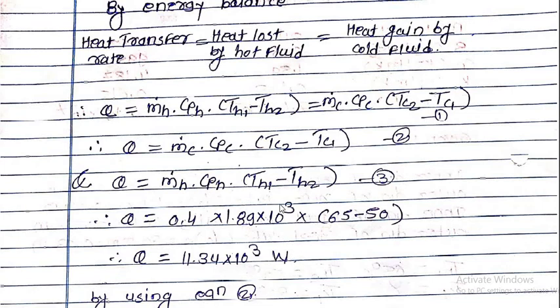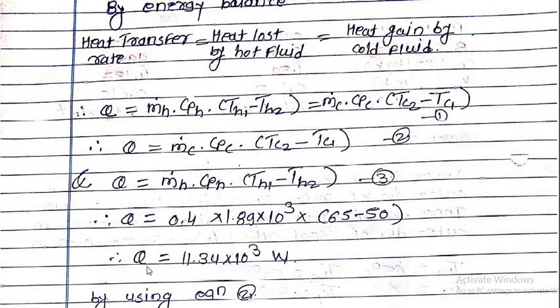Now in this equation we need to find out the outlet temperature of the cold fluid, which is unknown. So for that purpose we have to consider the equation for heat gained by the cold fluid, that is Q is equal to m dot C multiplied by Cpc multiplied by Tc2 minus Tc1.